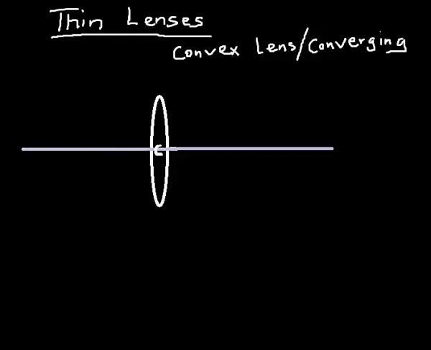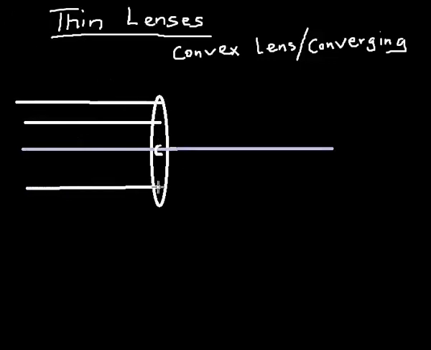All right, now why is the convex lens also known as a convergent lens? It's called a convergent lens because all the parallel rays of light that pass through the lens will refract. Remember, what a lens does is refract light. It's a glass, and it changes the direction of the light.